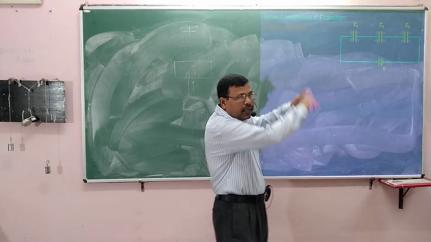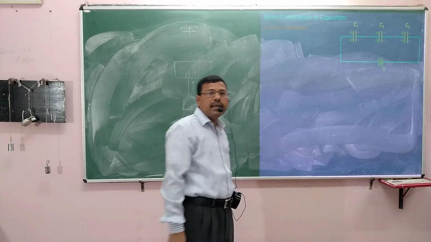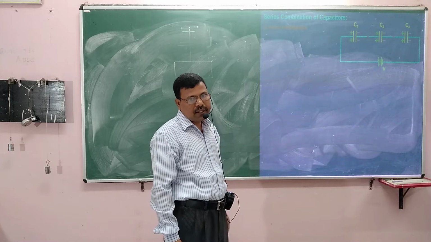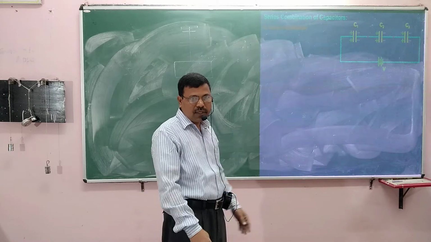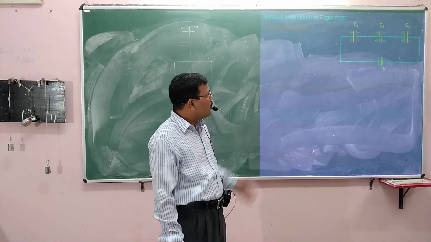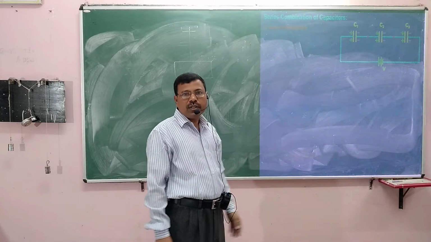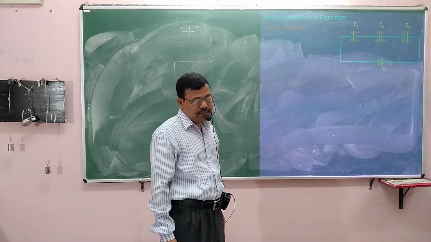Fine. The entire combination is connected to a source of electricity whose potential difference is V. Now, what is the net capacitance of this combination?